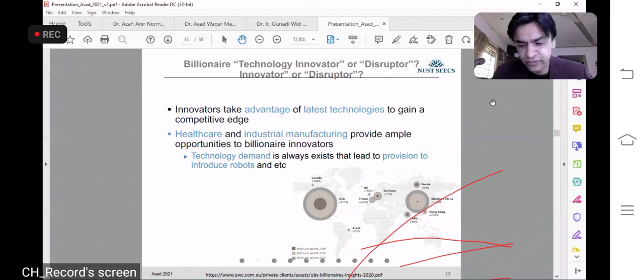As I shared earlier, the people who got richer took benefit of this, mostly from China, because they are well engaged with healthcare, and during this pandemic we have seen a large number of millionaires coming from China.